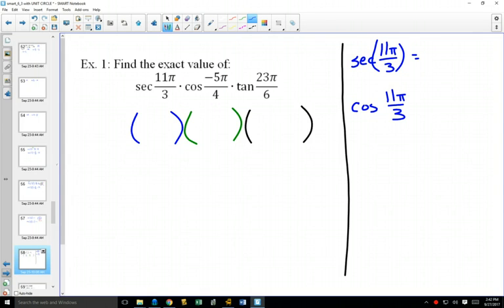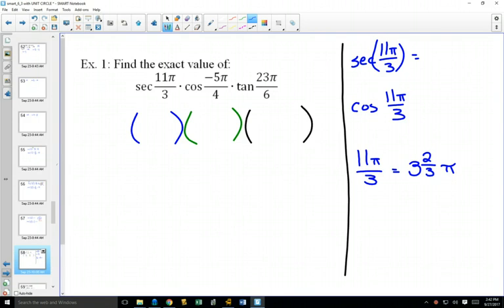How do you figure out what quadrant 11 pi over 3 is in? Do you remember what we did? We change this. 11 pi over 3 is the same as 3 2/3 pi. Change the 11 over 3 to a mixed fraction.